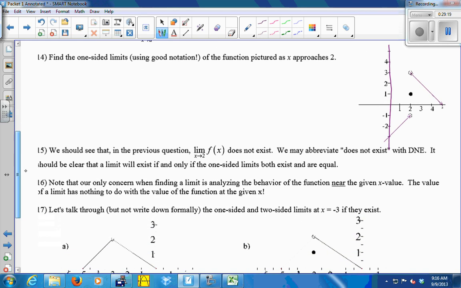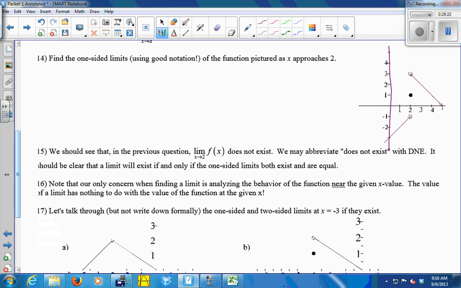So I want to find the one-sided limits using good notation for this picture on the left. So here's my function, and I want to find the one-sided limits as x approaches 2. So I want the limit as x approaches 2 from the right of f of x, and the limit as x approaches 2 from the left.